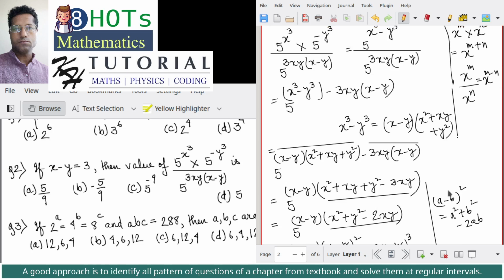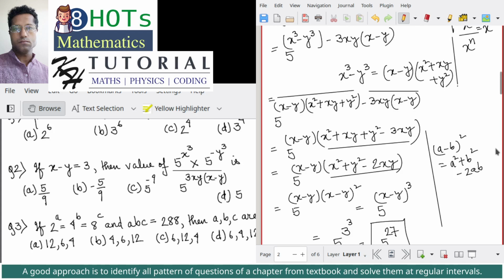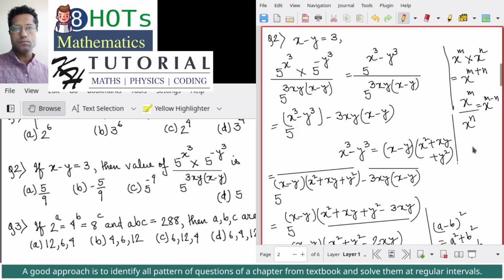Taking x minus y as common, I get x minus y times x square plus y square minus 2xy, which is x minus y whole square. So this is 5 to the power x minus y cube. And x minus y is 3, so this becomes 5 to the power 3 cube, which is 5 to the power 27. I think my answer is correct.